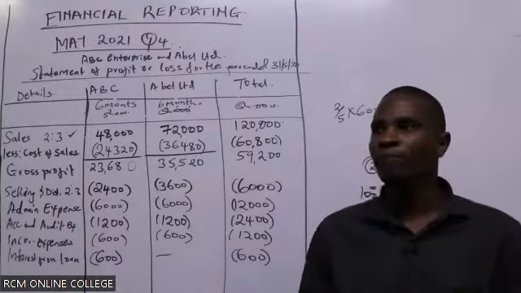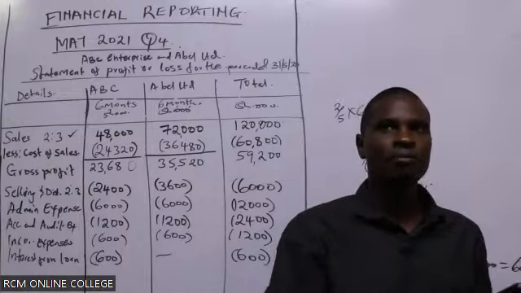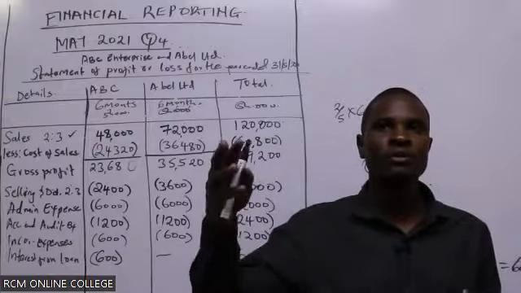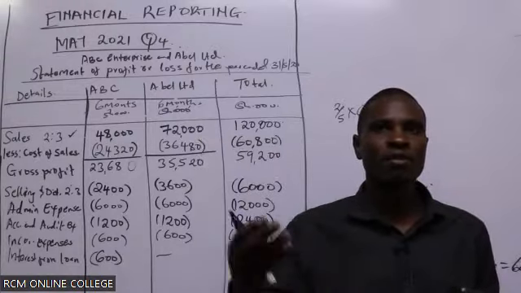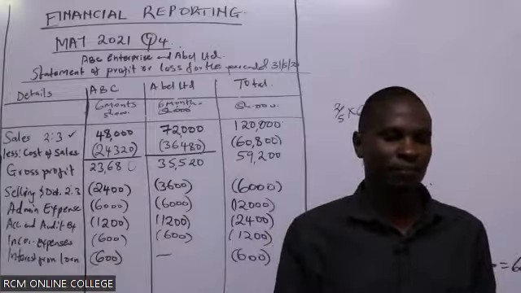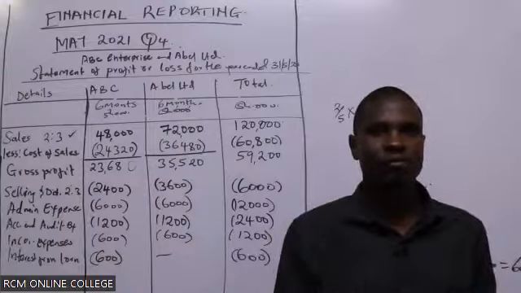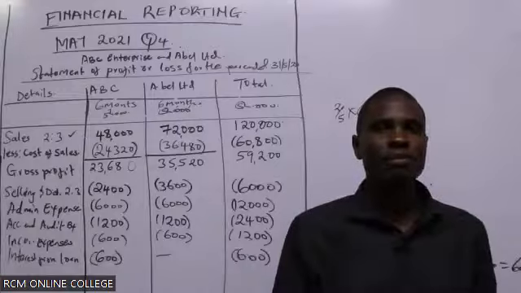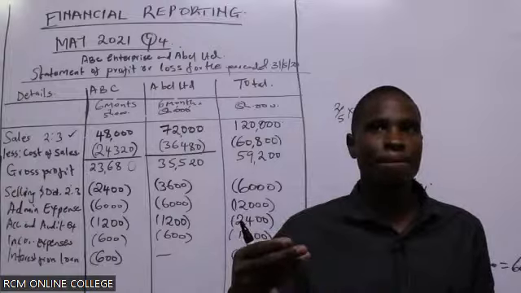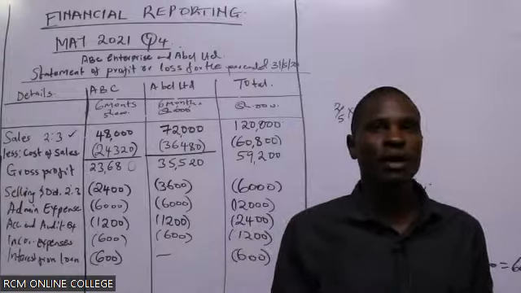So you're saying that bad debt written off is an expense, and it reduces the receivables or the debtors that we expect. The same case with goodwill.